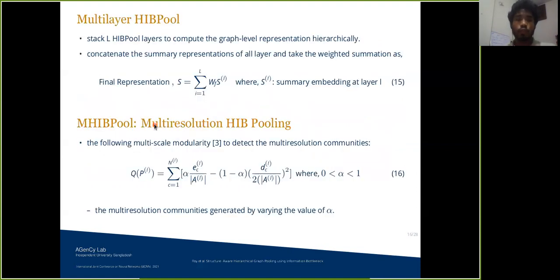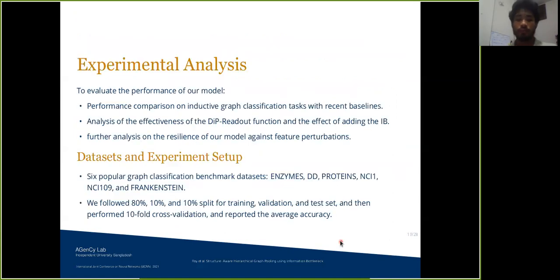And finally, we compute the final representation as a weighted sum of each layer's summary representation. For multi-resolution HIB pooling, we use this equation 16, and we get multi-resolution communities through varying the value of the resolution parameter alpha.